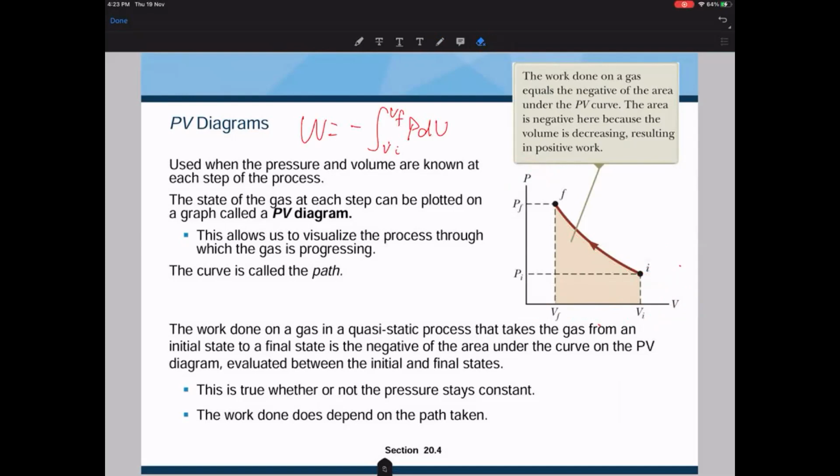Integration from some initial point to some final point of y dx means that you are finding the area under the graph of y as a function of x, or y equals f(x).